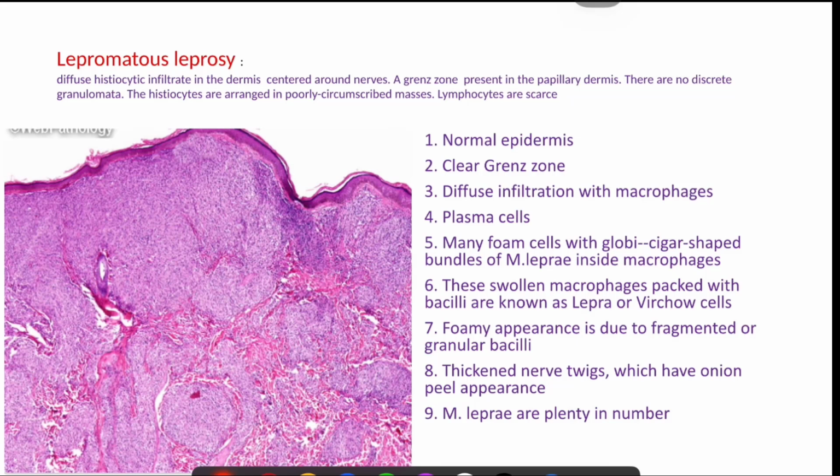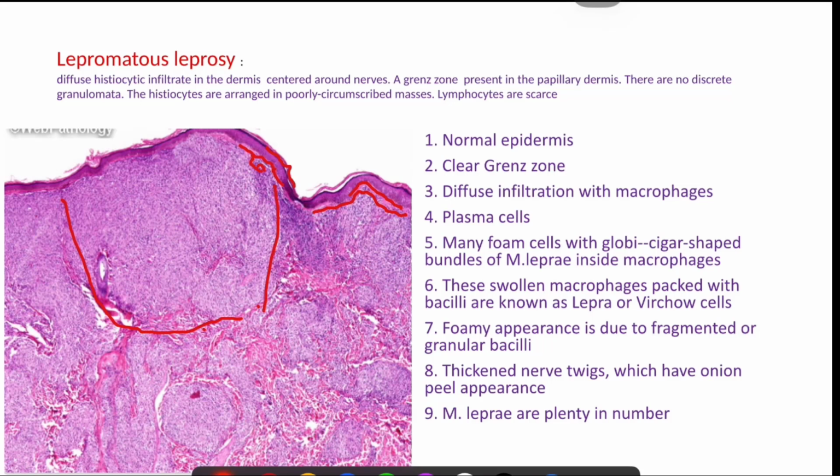So, this is called diffuse histiocytic infiltrate in the leprosy, where you can identify the epidermis is normal, right? But the dermis is diffusely infiltrated by this collection of histiocytes. This is a grenz zone which is clear in between the epidermis and dermis, and you find macrophages and plasma cells.